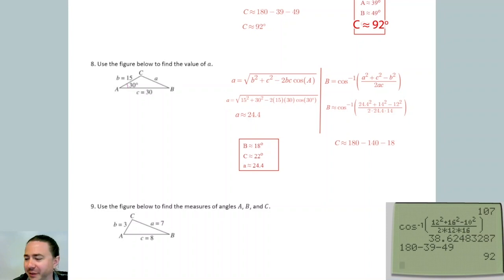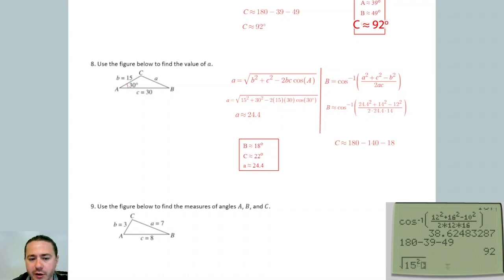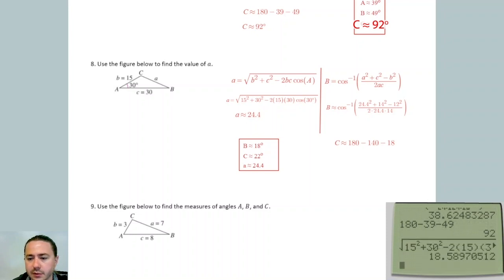If it was 1/2, I would say, okay, well, maybe we can do something with that. But all right, so we get the square root of 15 squared plus 30 squared minus 2 times 15 times 30 times the cosine of 30 degrees. All right, so we get about, we'll call it 18.6.